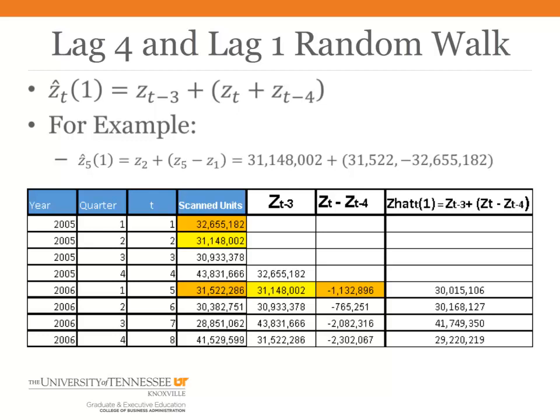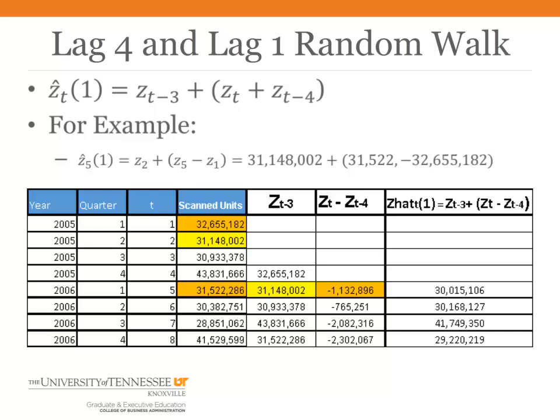And so therefore I should expect the next quarter to be lower than it was last year. And I would say, how much lower? And you would say, first quarter of 2006 is lower than first quarter 2005 by minus 1,132,896 units. Should I use that to adjust my forecast? I would say, yeah, that sounds like a good idea.